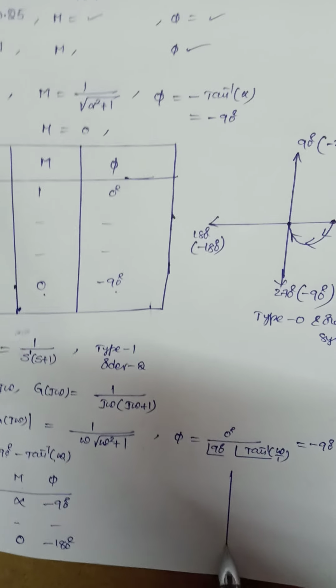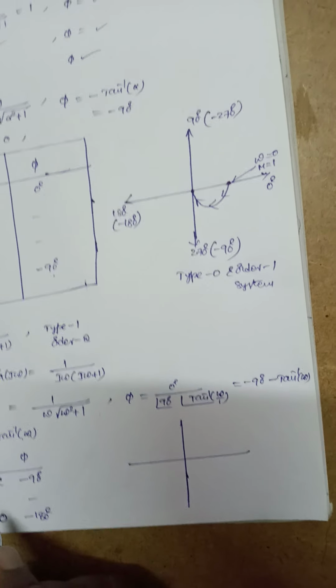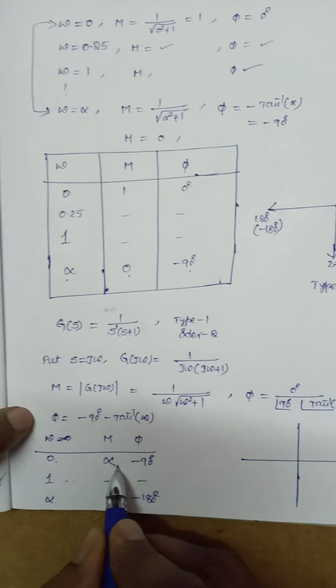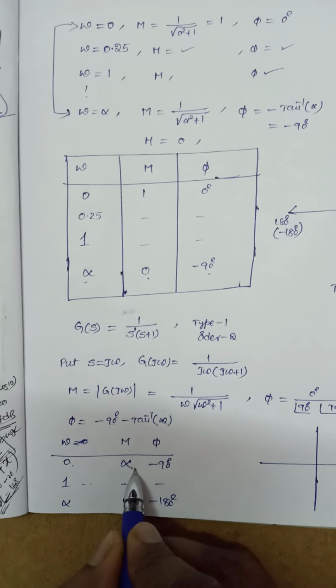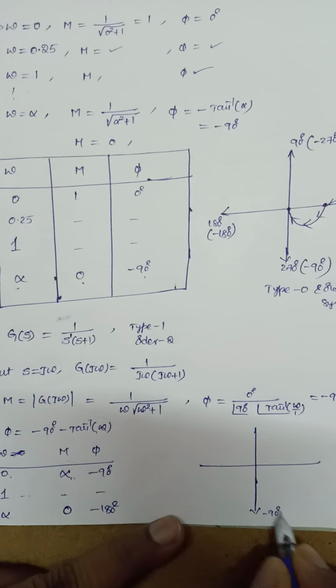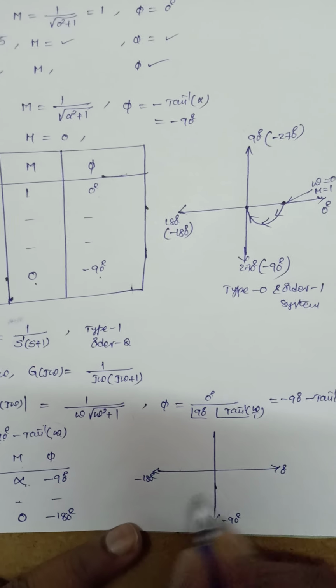So the polar plot will be like this. Whenever omega is equal to 0, the magnitude is infinity and the phase angle is minus 90 degrees. So this is the minus 90 degrees line, this is the minus 180 degrees line, and this is the 0 degrees line.